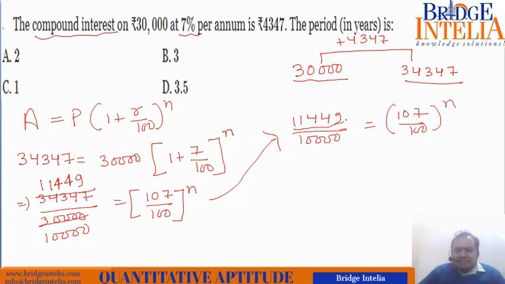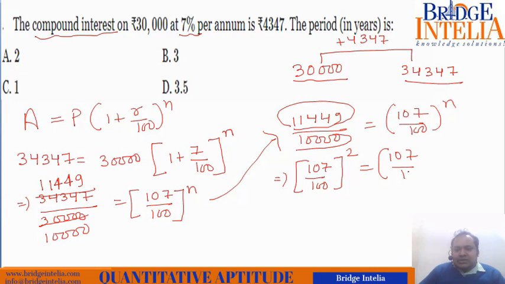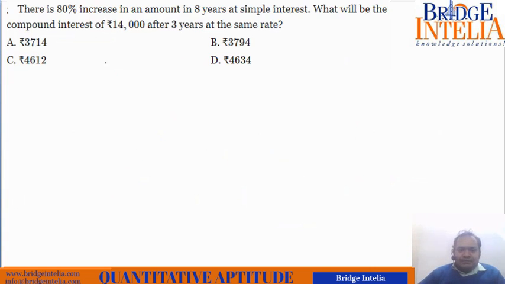This number is basically 107 whole square, and this is 100 whole square. So you can say 107 by 100 whole square is equal to 107 by 100 to the power n. So from here it is clear that n is equal to 2, or the time period that is not mentioned here is 2 years. Let's move to the next one.